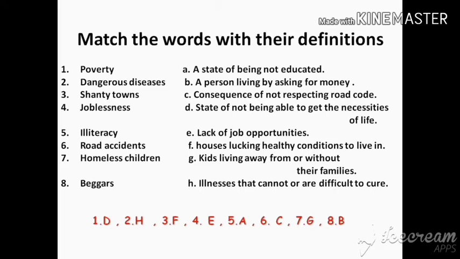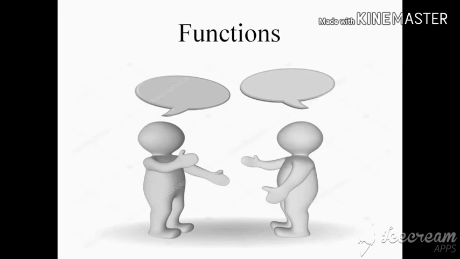And finally, number 8 is B, beggars, or a beggar is a person living by asking for money. Okay, that's it. So now we finish all the exercises related to the vocabulary component, and now we will move on to the second component, function.